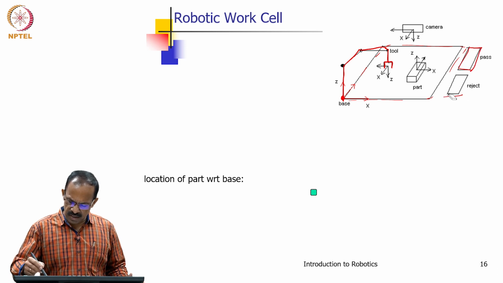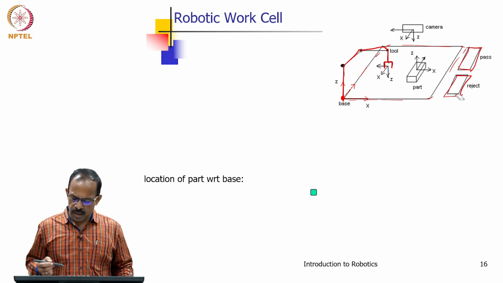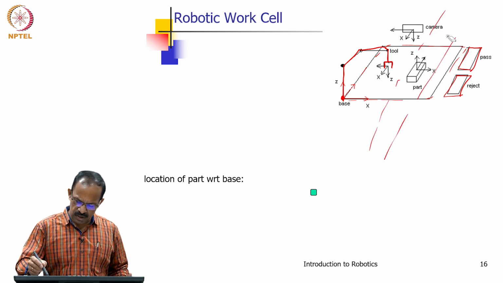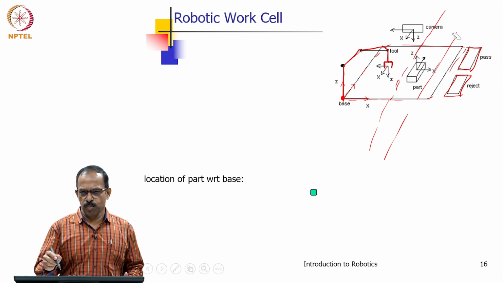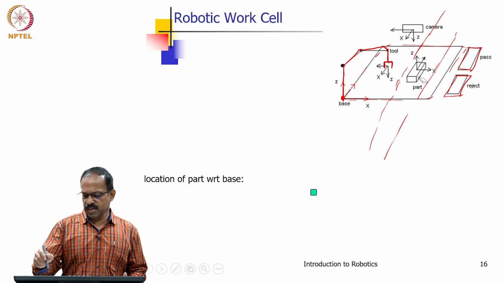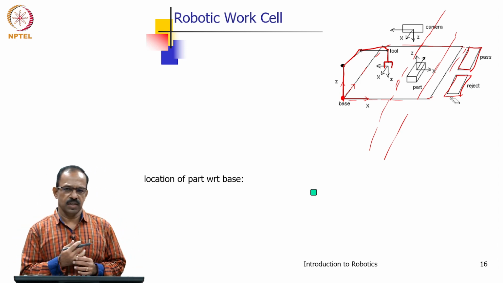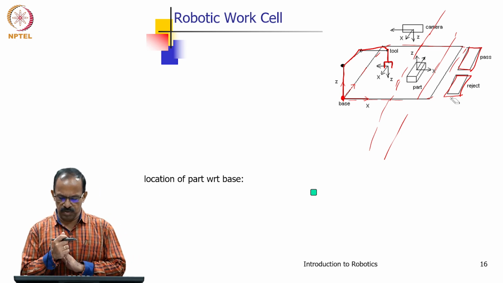We also assume that there is a conveyor which brings the workpiece from some other location to here, and then the robot picks the object and places it in the pass or reject bin with the help of sensors to identify the condition of the object.